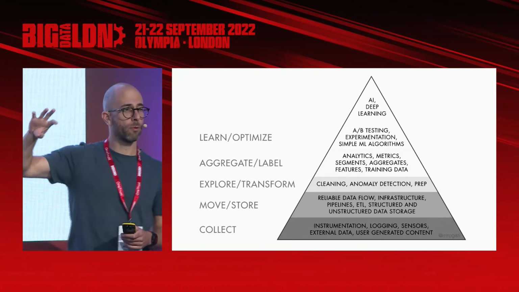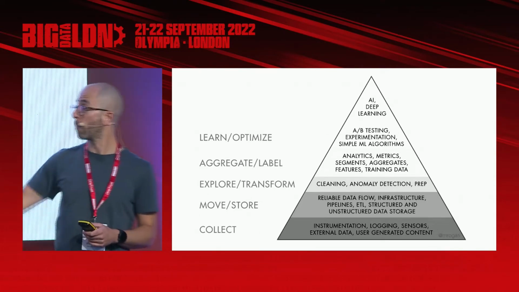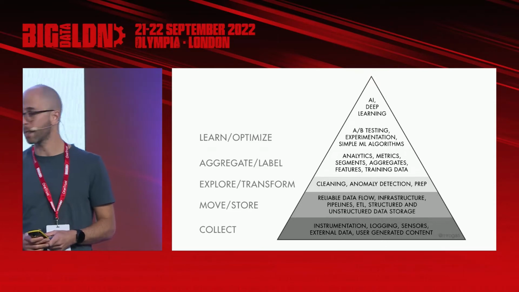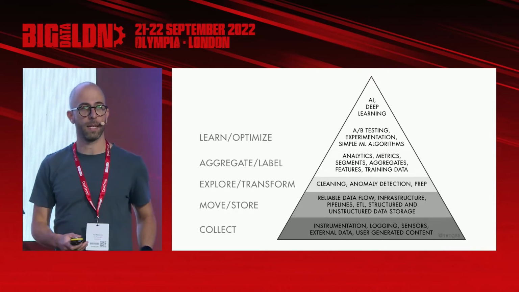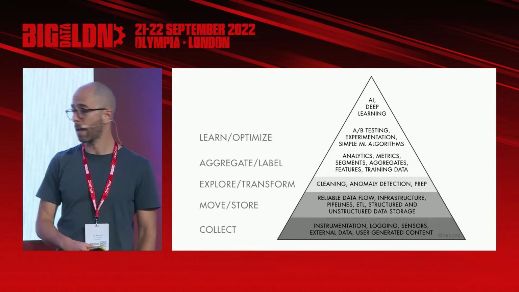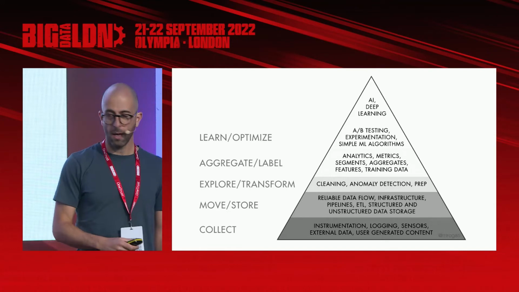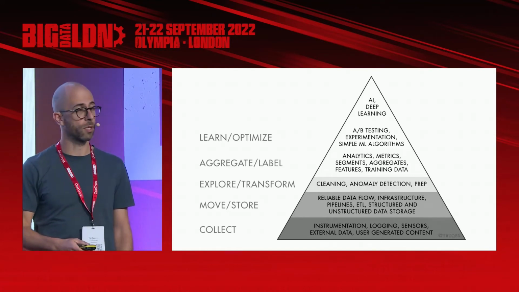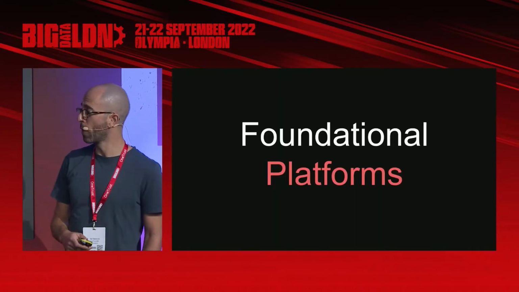And the trouble with representing this diagram at 90 degrees is we often jump to the stuff at the top or the stuff nearer the top, because that's interesting and that's where the value is created. But we neglect these foundational layers that need to be there for you to get any value from those parts at the top. And so thinking about this from a foundational perspective is really important, and that was key for Auto Trader on their journey.